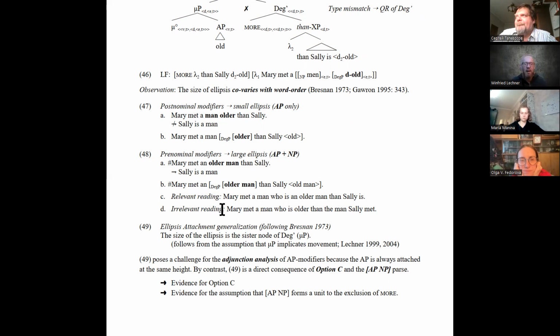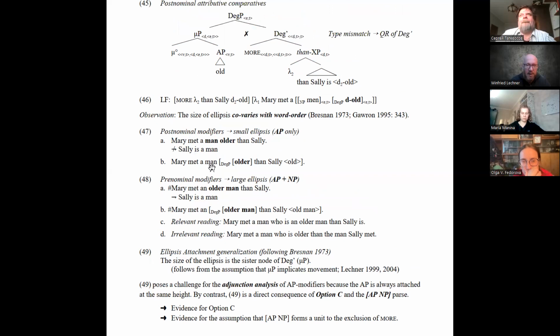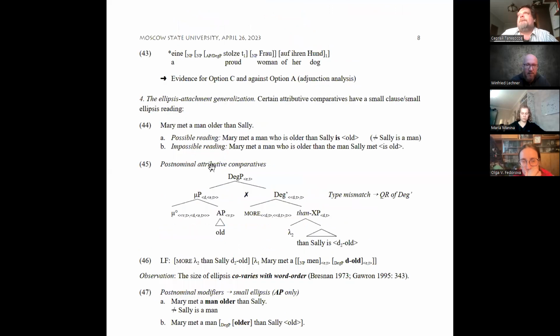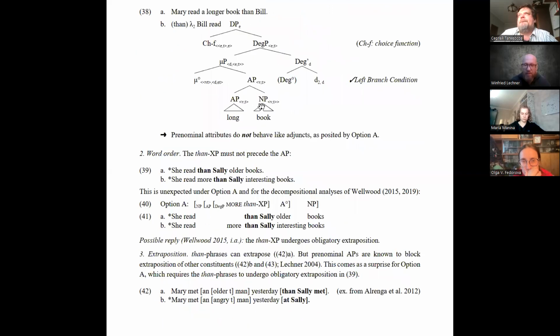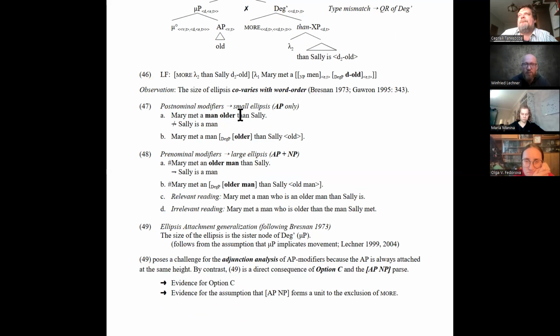And the contrast between prenominal and postnominal constructions boils down to the attachment site. In the prenominal construction, old and man form a unit. This was what we saw in that configuration. So whenever you remove the gradable adjective, you also need to remove the noun phrase.